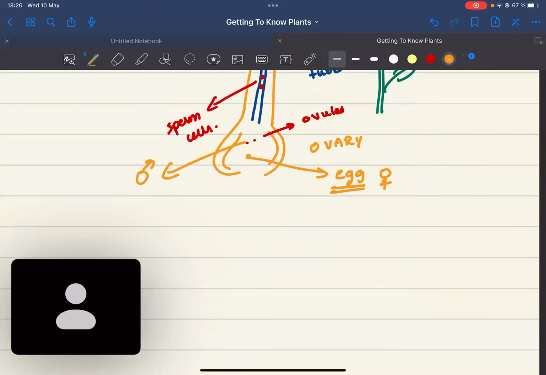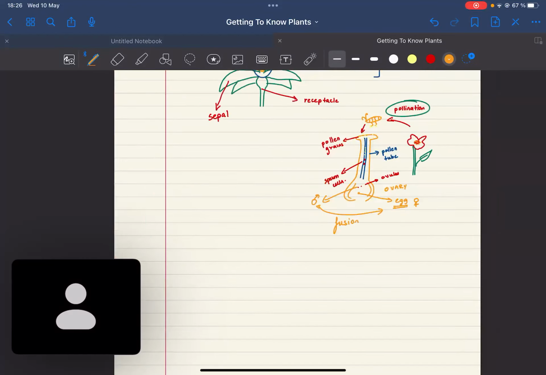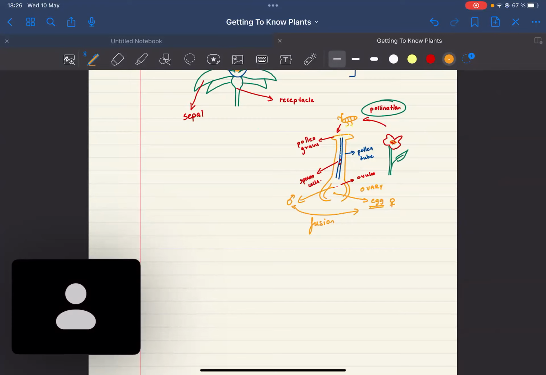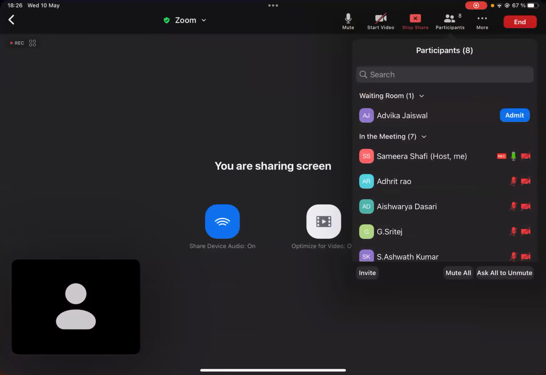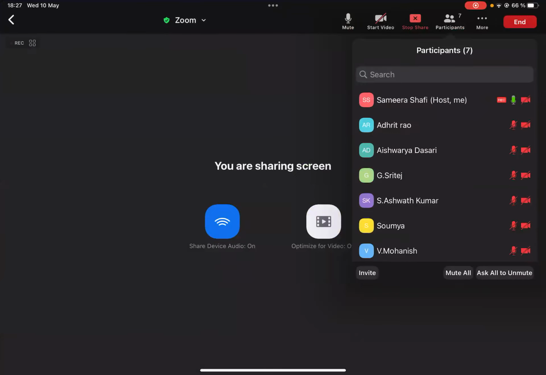They both fuse together, which is known as fusion, in order to produce a seed or a seedling. And then the baby of the plant is formed. This is how it happens. This much detailing is enough for y'all, but there's more complications.